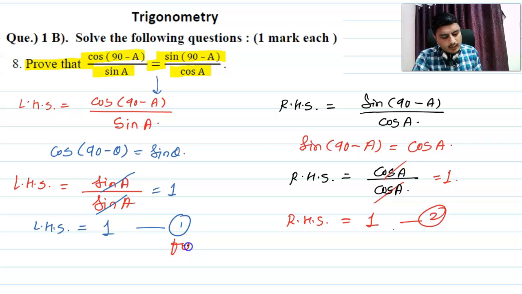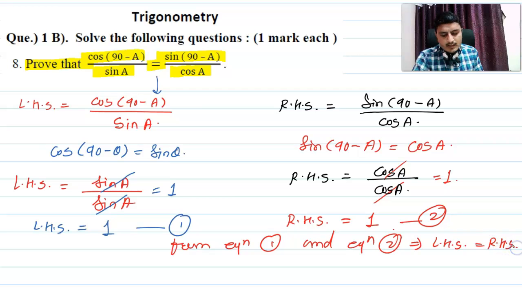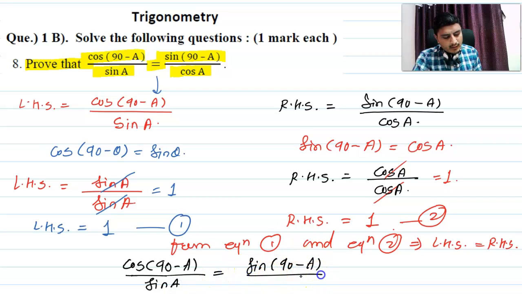Now from equation 1 and equation 2, we can write the LHS equals the RHS. That means we have our proof: cos of 90 minus a divided by sin a equals sin of 90 minus a divided by cos a. Hence we have our proof.